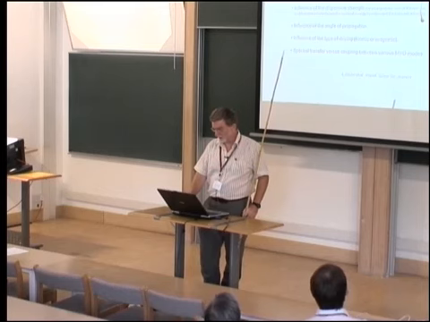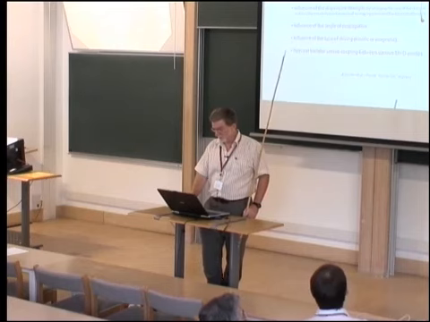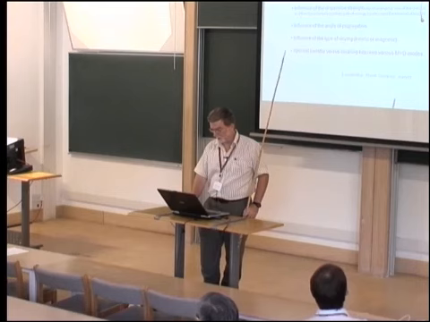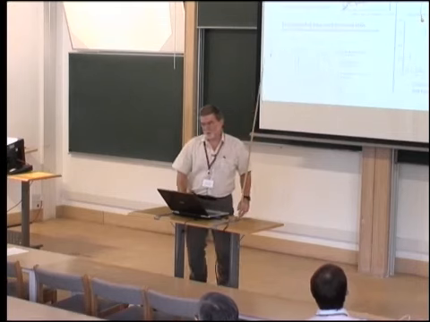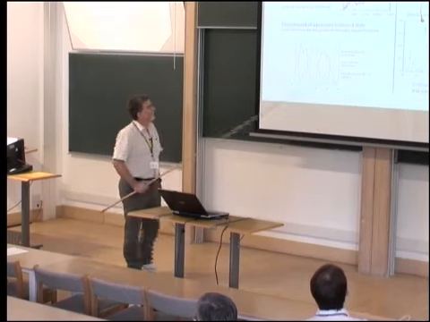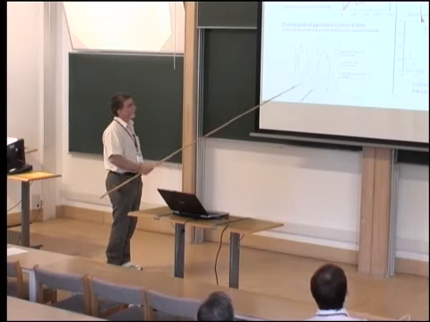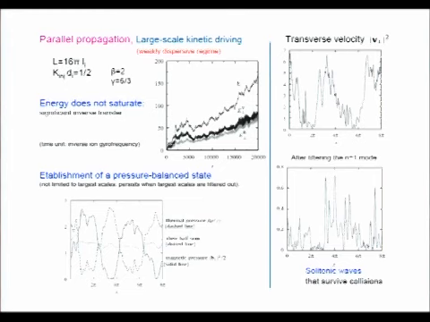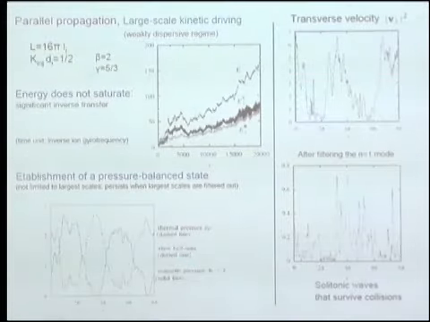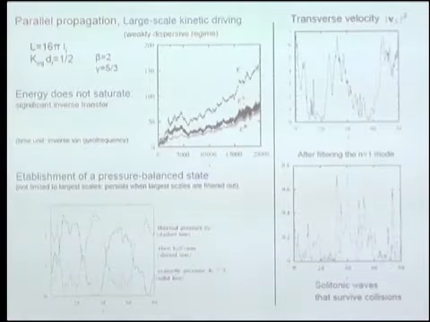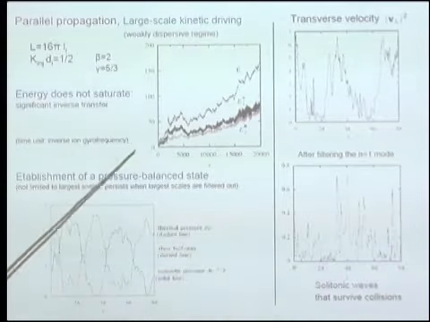What I will show is that there are some differences, but overall the global results are not too dependent on that. There were mentions this morning that a lot of pressure balance structures are found. And indeed, the most striking feature for the parallel propagation with the kinetic driving, in a simulation domain which is 16 pi times the ion inertial length for beta equal 2, is that the energy actually does not saturate.